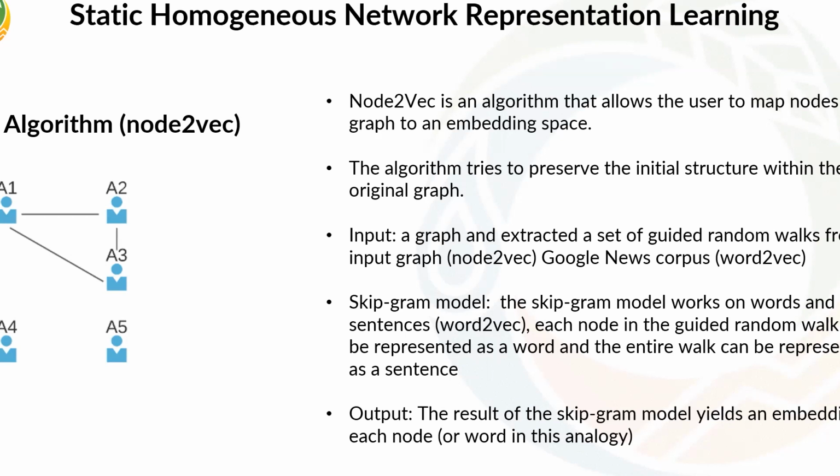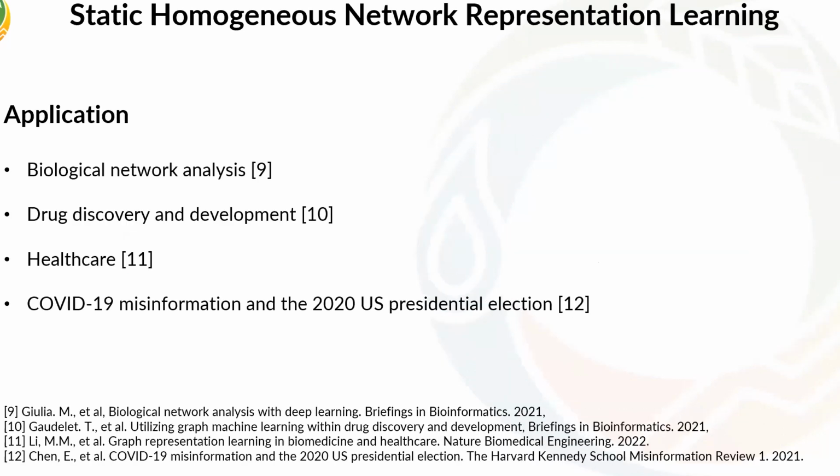The result of node2vec is the embedding vector of the object, whereas in word2vec it is the embedding vector of a word. There have been quite a number of applications of node2vec in the areas of biological network analysis, drug discovery and development, healthcare, even COVID-19 misinformation.